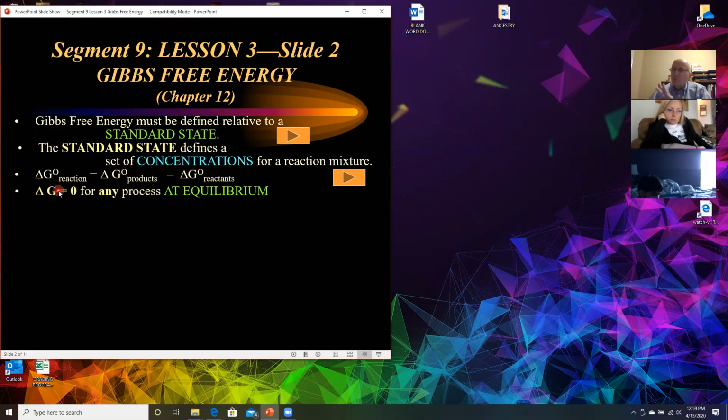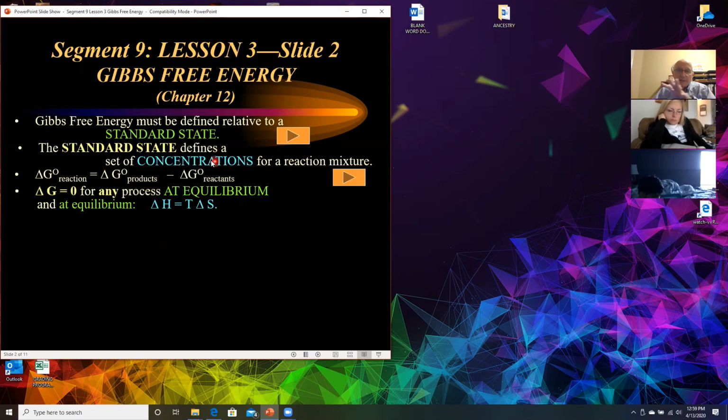So that means at whatever concentrations you put together in the mixture, if the change from that set of concentrations toward more product is 0, you're at equilibrium. If that change is negative, you're going to go further to the right to achieve equilibrium. And that'll come up in a concentration I'll show you here.